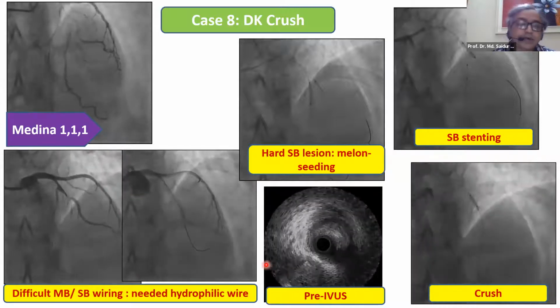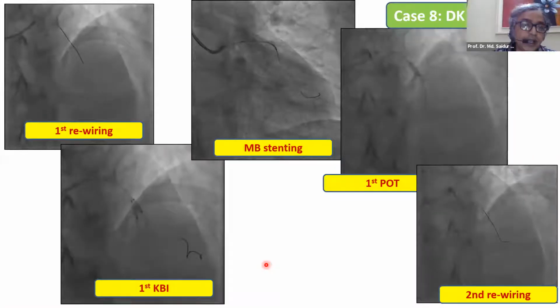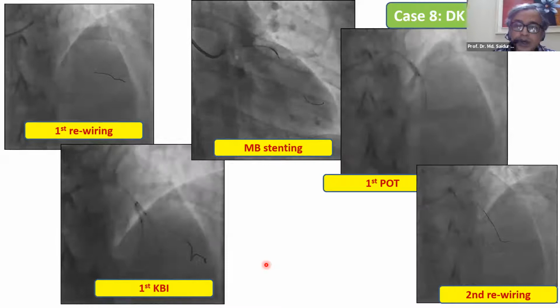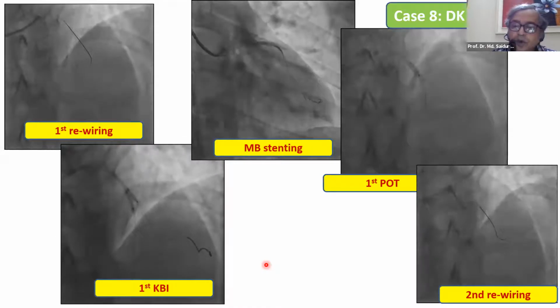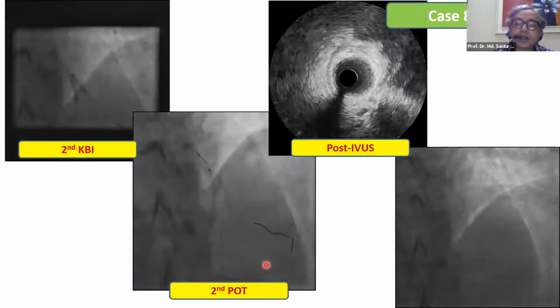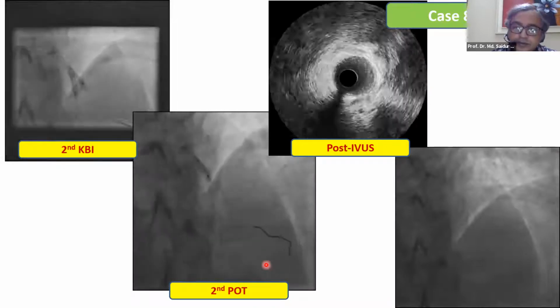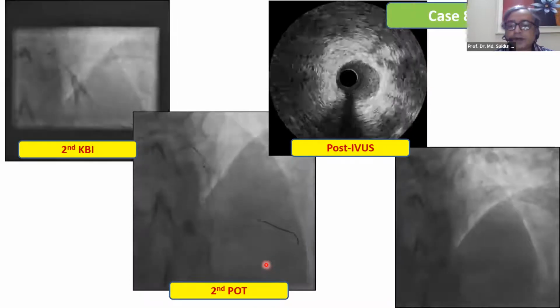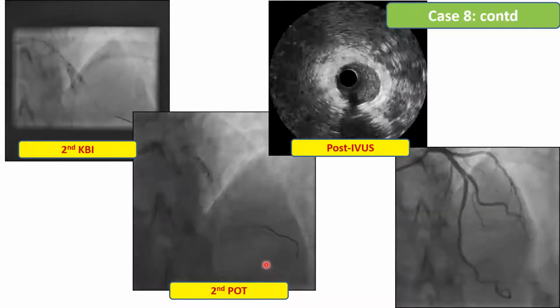So we have gone for the DK crush here because the angle is not favorable for other techniques. So here, the rewiring twice, and then 2 POT, and then 2 kissings, and the final IVUS is also reasonably good, and the final picture is also beautiful here.